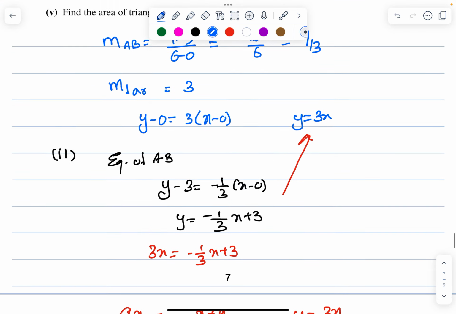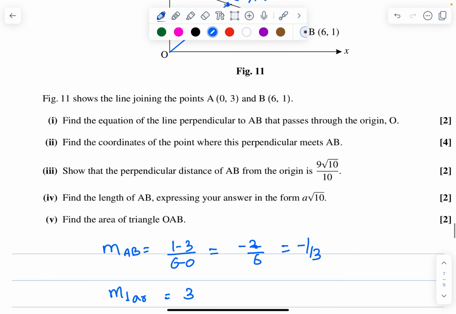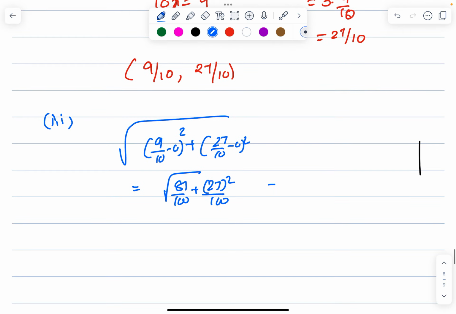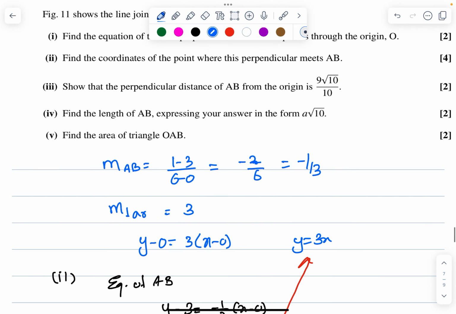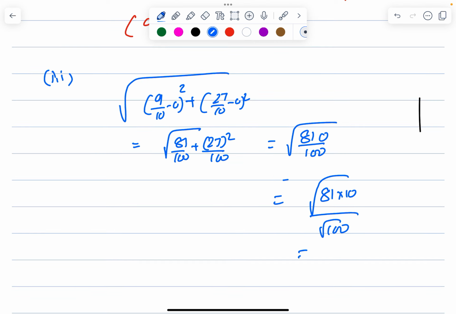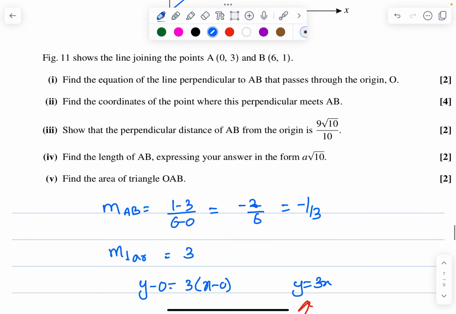He is asking us to prove this equals 9 root 10 upon 10. So that is the square root of 810 divided by 100, which is nothing but the square root of 81 times 10 upon the square root of 100, which is 9 root 10 upon 10. That's going to be the answer.